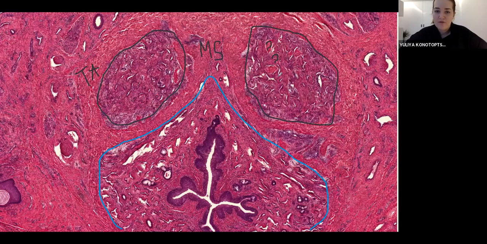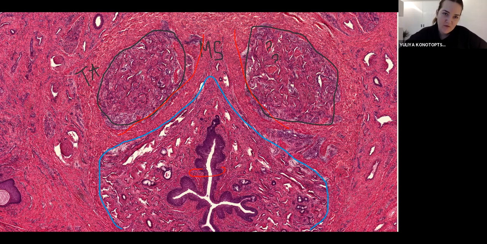So 2 corpora cavernosa, 1 corpus spongiosum. Inside of it, you can see the urethra. This is the tunica albuginea, and don't forget that this area of the tunica albuginea, which is kind of between the corpora cavernosa and happens to be also overlying the corpus spongiosum, you call it medial septum, right? So this is like a protrusion of it.